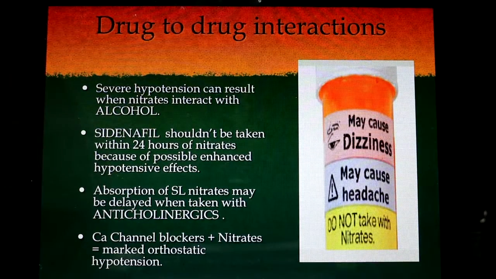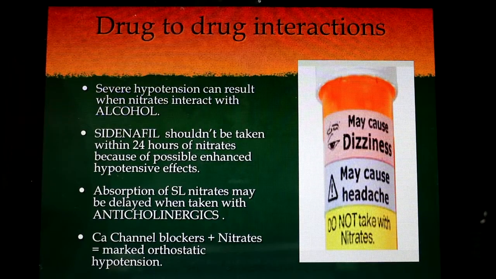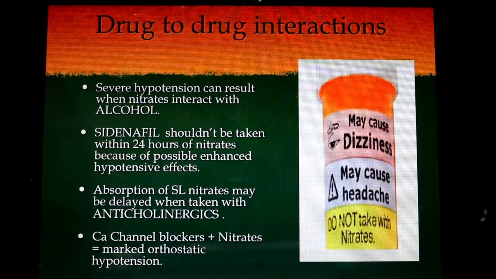What are the different drug-to-drug interactions for nitro? Severe hypotension can result when nitrates interact with alcohol. So don't drink alcohol with nitros. Viagra should not be taken within 24 hours of nitrates because of possible enhanced hypotensive effects.